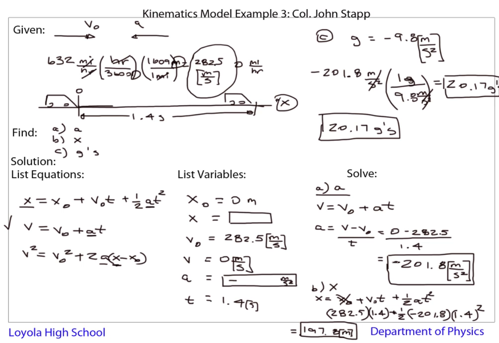Here we got a negative 201, which we expected, because we're slowing down. If I got a positive value, that wouldn't make sense because that would mean it would speed the object up when we were slowing down. And we talked about what a g was. It's basically a comparison to the acceleration due to gravity. So that'll wrap up our third example on the kinematics model.